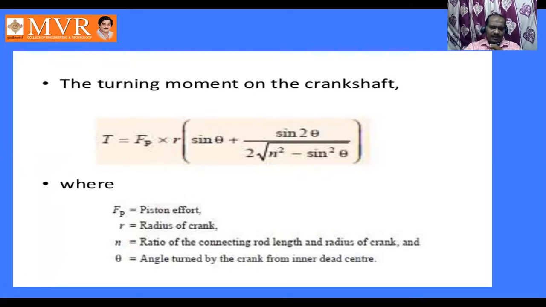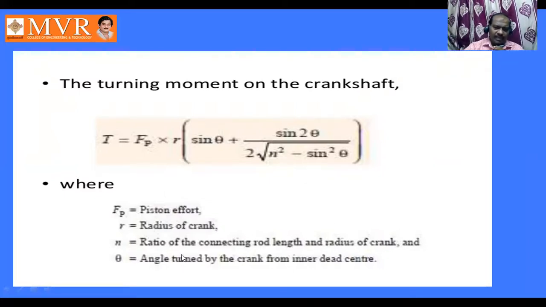Then n is the ratio of the connecting rod length to the crank radius. How to define connecting rod length? It starts from the center of the crank to the pin at the piston. That pin distance is called the connecting rod length. Take it as about 20, and the crank radius is taken as 15.